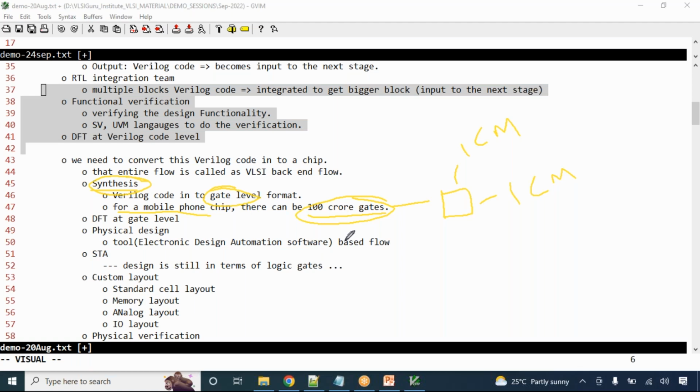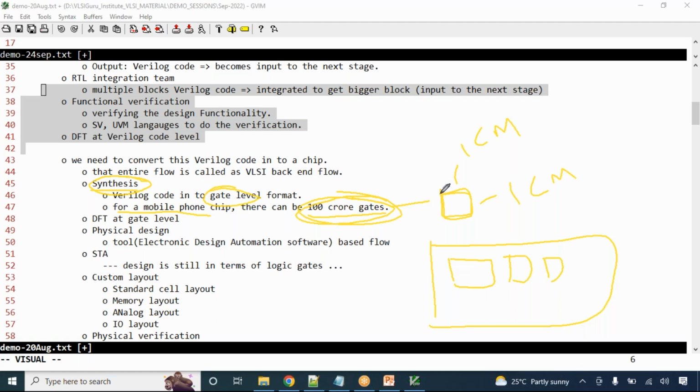If it is 10 elements also, I can arrange. There is a table on which you are trying to place a laptop, some pen holder, or some notebook, different things. 10 is fine. Let's say I give you 100 elements. That is also fine. Now, what if we are trying to place 100 crore gates into 1 square centimeter area? It will be very difficult, right? So that cannot be done manually.